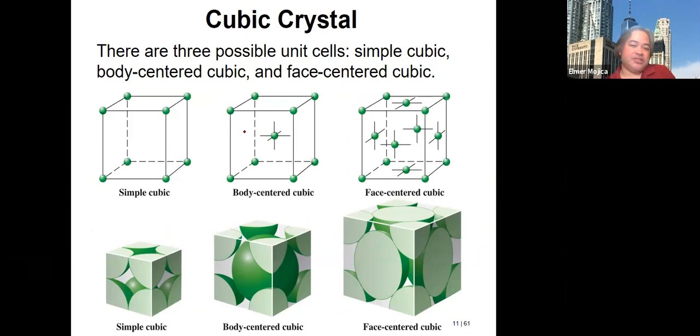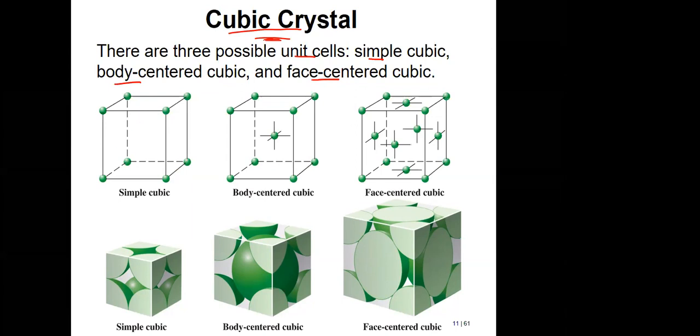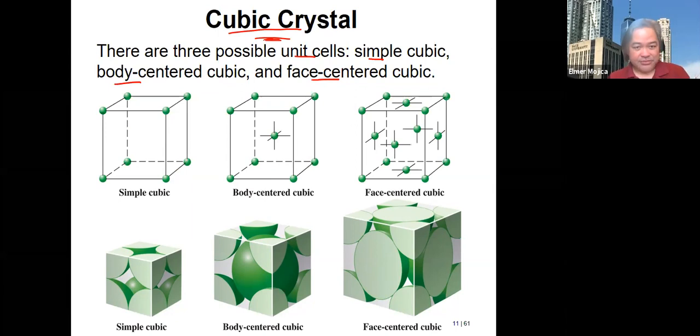Maybe we concentrate on the cubic crystals. There are 3 possible unit cells: the simple, the body-centered, and the face-centered. So how do they differ? If you have the simple, you just have the corners occupied by an atom, an ion, or a molecule.